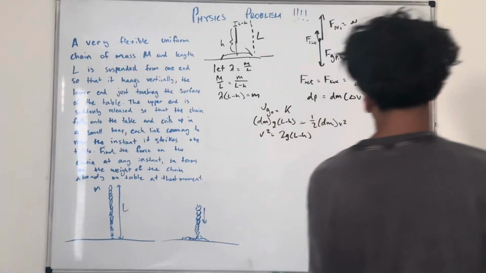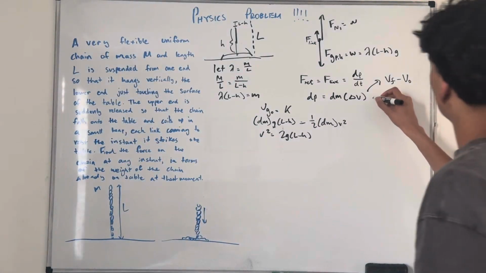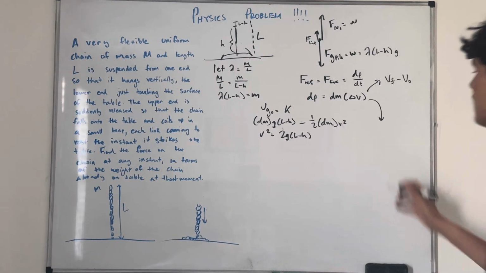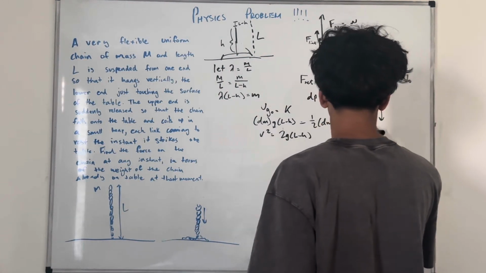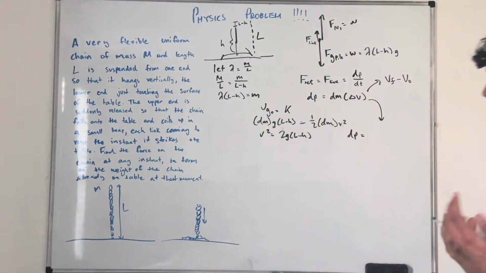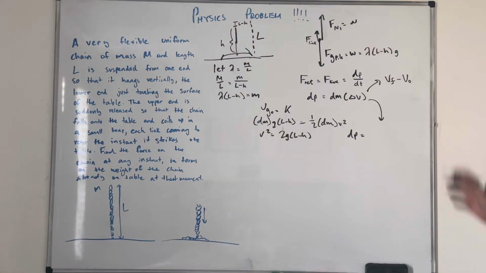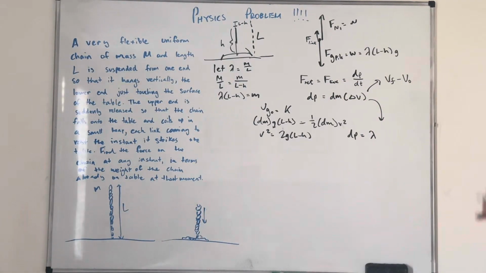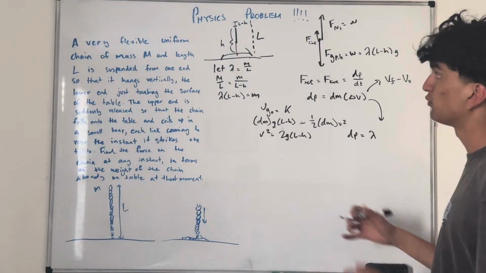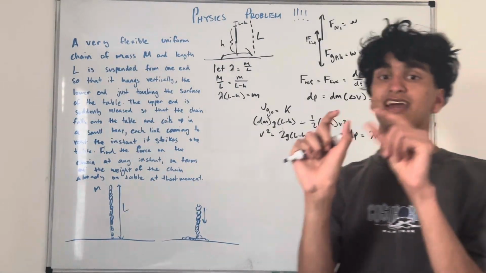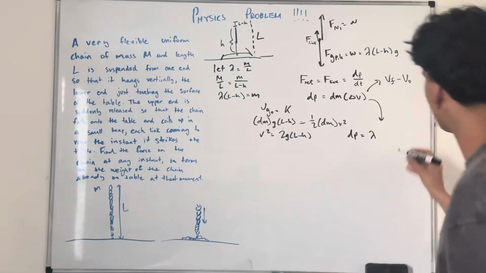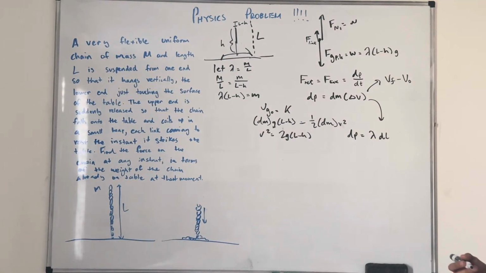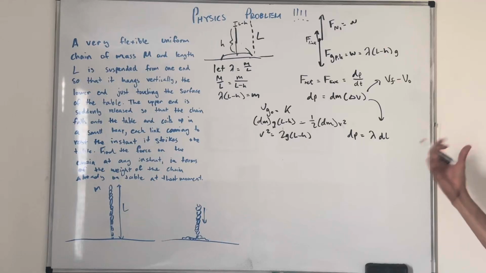Well, dm, and this is not entirely clear why you would do this initially, but what I'm going to do is say, well, what is a dm? My dm is just going to equal lambda, because this is a uniformly distributed thing, times the very small length dl that the link makes up.